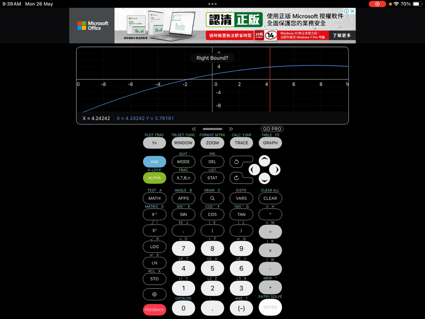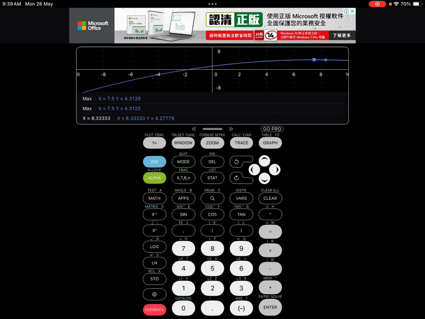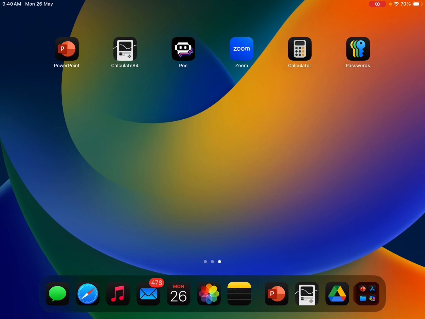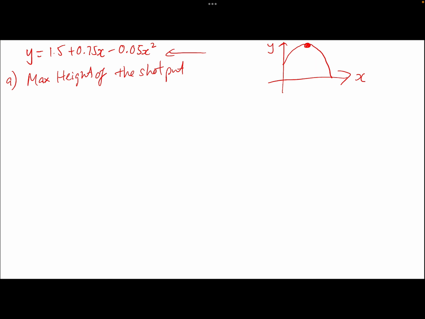So put the left bound somewhere here, and the right bound somewhere about here. We get the maximum point to be 7.5 for x, and 4.3125 for y. Since we're looking for the maximum height, we should be looking at the y value. So we're going to be taking 4.3125.